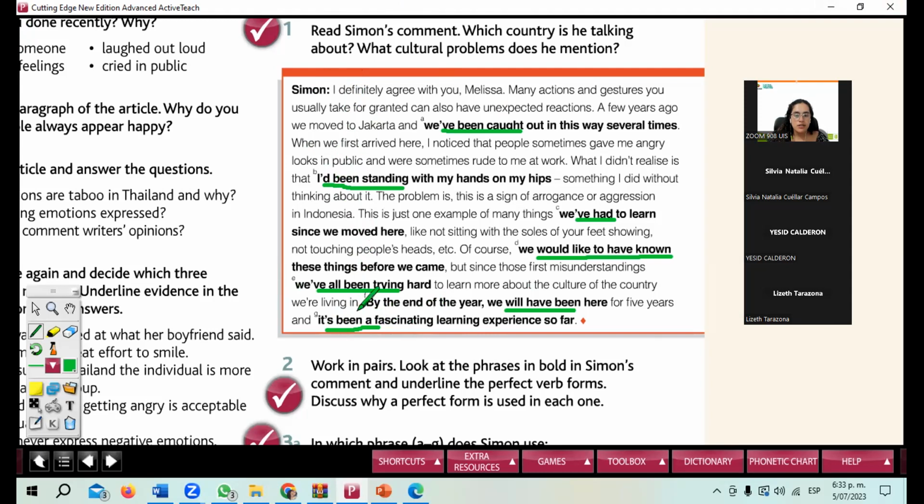This ing is not the same as this ing, okay? Here, we've all been trying, hemos estado intentando. Here is, ha sido una experiencia de aprendizaje. So here it is not continuous, but simple. Present perfect simple. Yes, exactly.